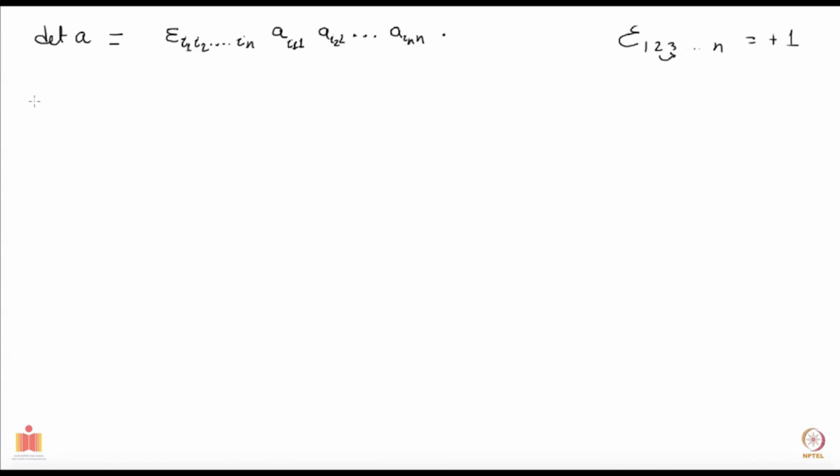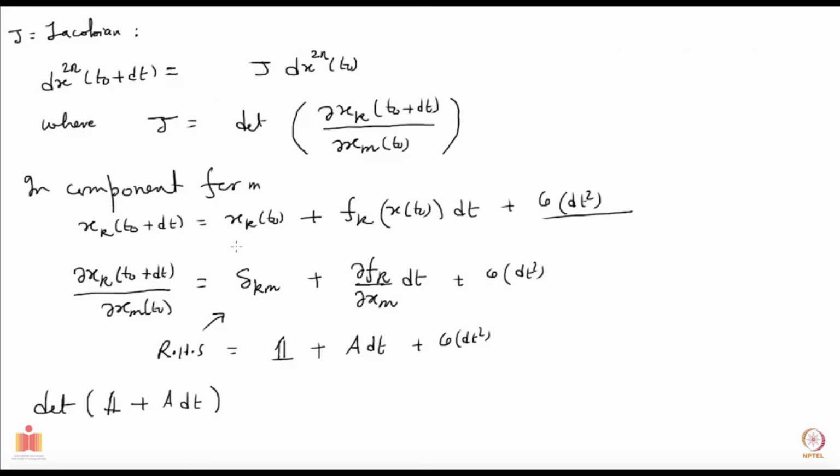So let's see what my Jacobian is now. My J is epsilon I1, I2, up to I 2n, because you have a 2n cross 2n dimensional matrix. And then here you have your 1 plus A dt.